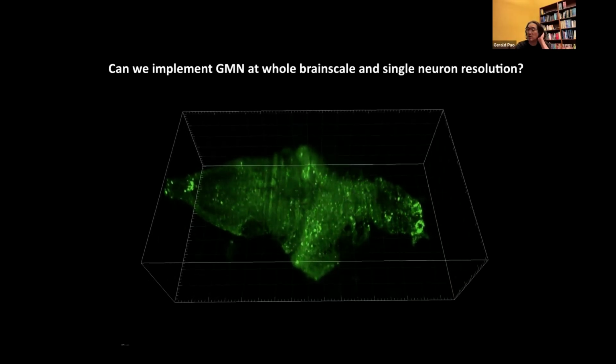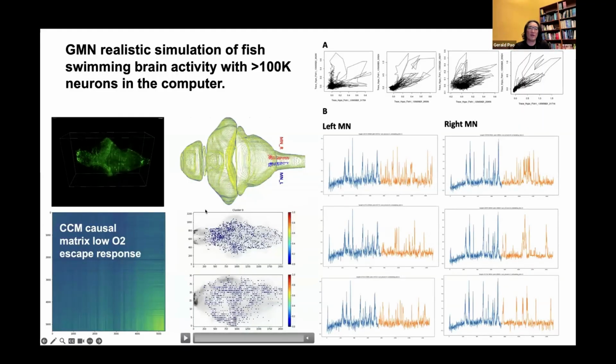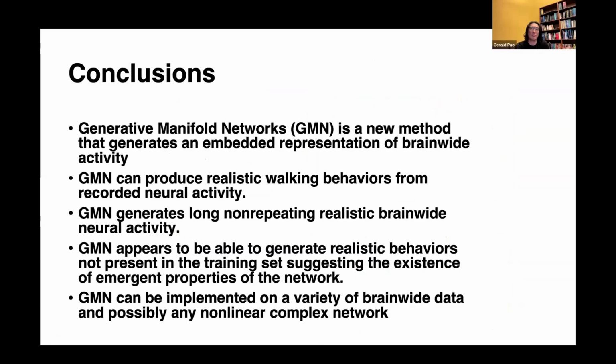And this is just to show you that we can do the same thing. We can simulate the whole brain of a zebrafish at single neuron resolution and get realistic motor neuron outputs at the whole brain scale. We can actually do this. And we can also do it for fMRI data of humans doing a joystick task. So we might have the beginnings of basically arbitrarily downloading brains of things.